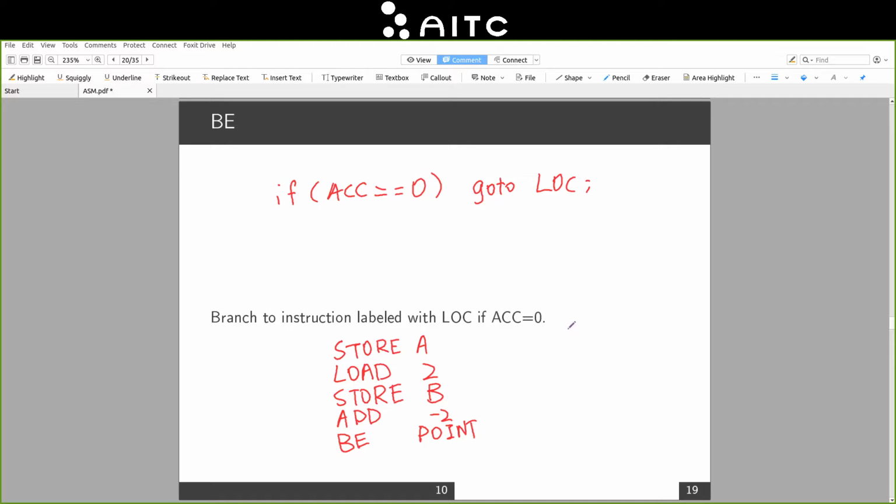Store A, and then we use this point. Store B. And what will the value be after the program runs?